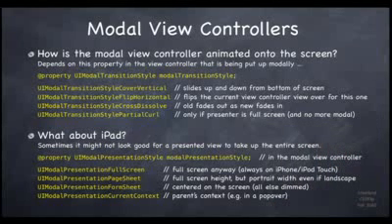Now, what about iPad? On iPad, we usually don't want the whole screen covered up with a gigantic modal view controller. We just want a little small popover or something. And in fact, there's another property here called modal presentation style, which you can set. You set this on the modal view controller. And so you might set it, for example, to page sheet or form sheet. Page sheet brings it up at kind of portrait width.